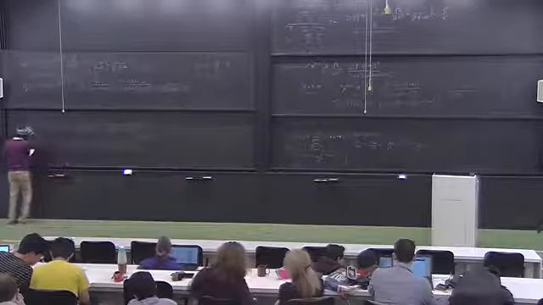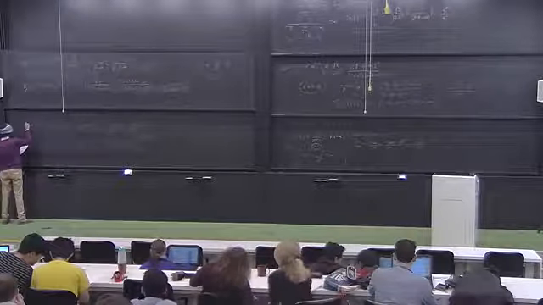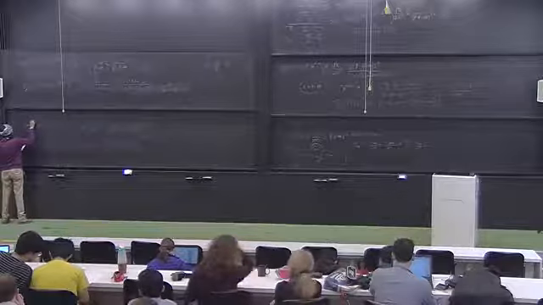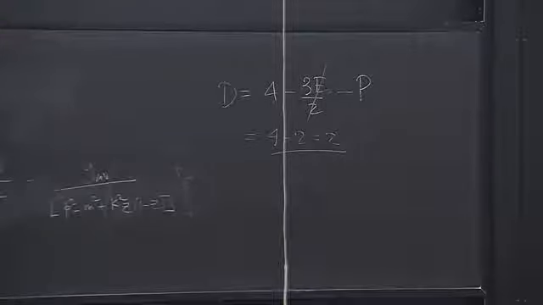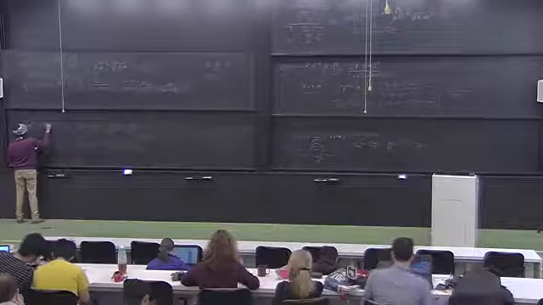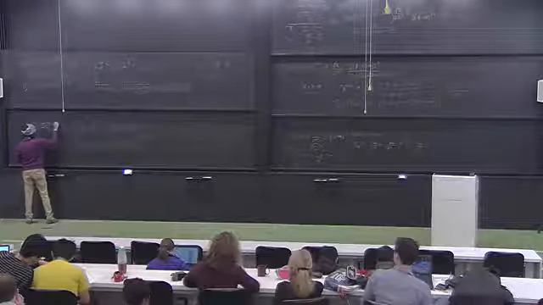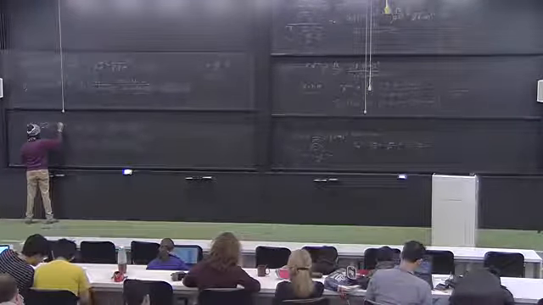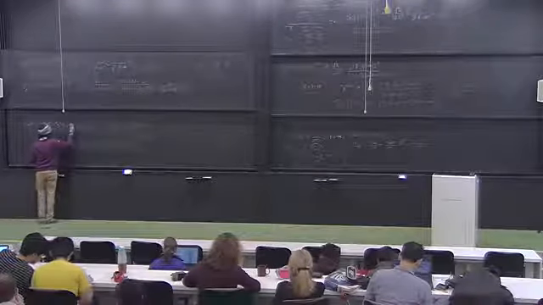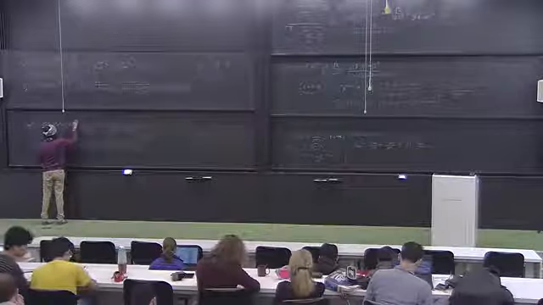We have k mu k nu minus g mu nu k squared.